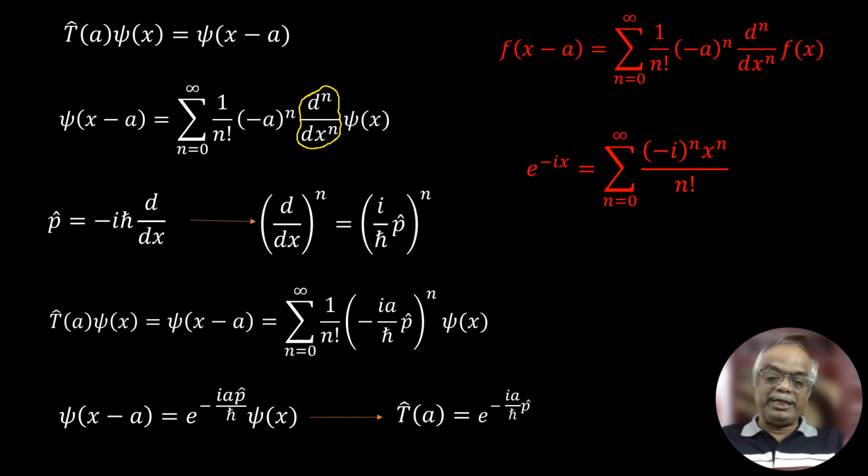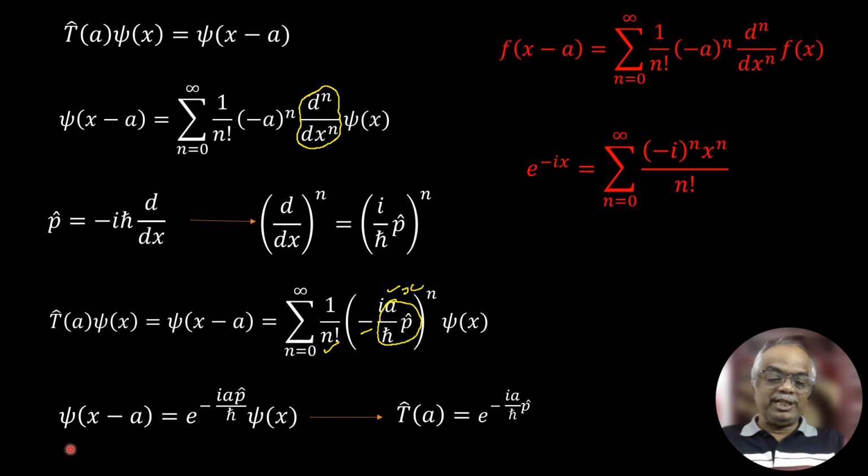Compare this and this: you have n factorial, you have minus i to the power n, and this a over h cross times p can be taken as x. So this can be written as e to the power minus ix, where x is a over h cross times p. This, of course, acts on psi of x.